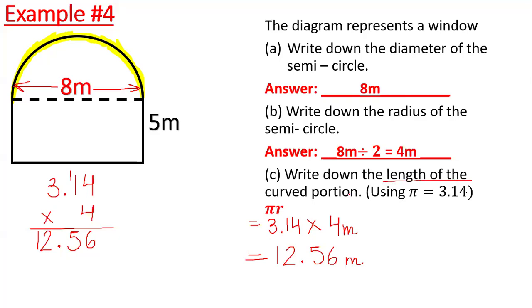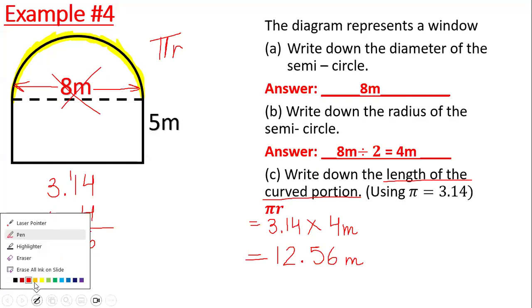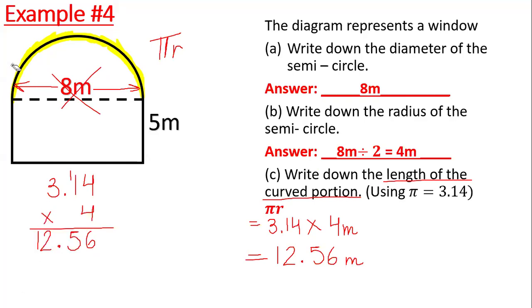If we just want the length of the curved portion, then we only need to do pi r. So we do not include, like in our last time, pi r plus 2r. You don't need the diameter. So basically we're doing like half of what we would generally do? Exactly. Basically.